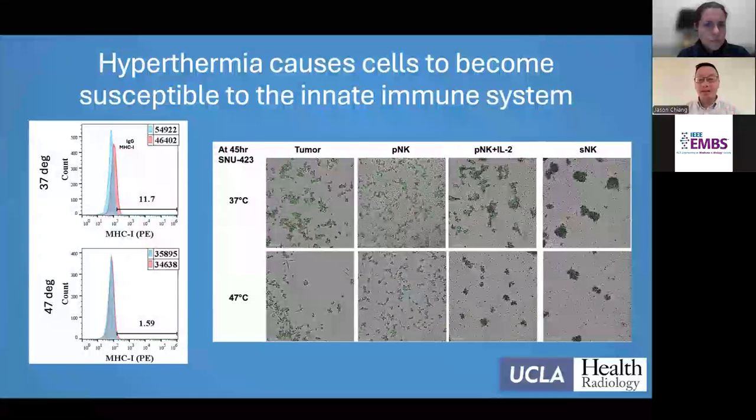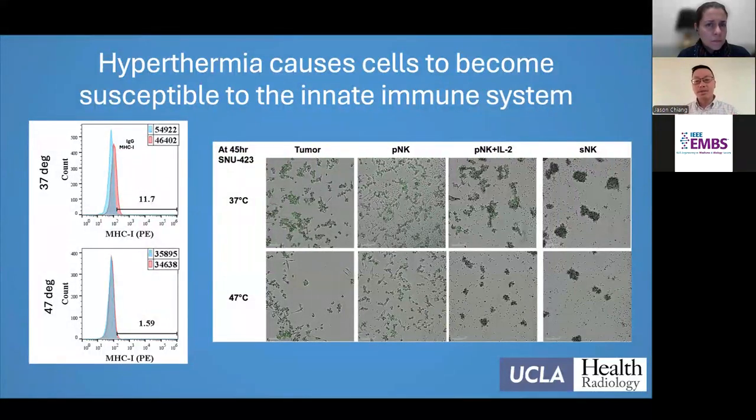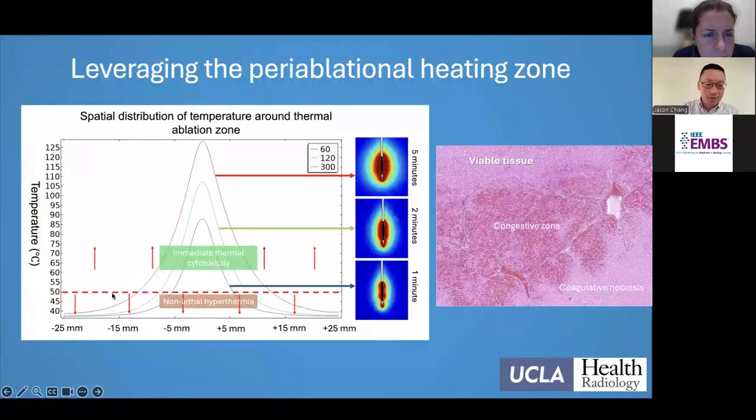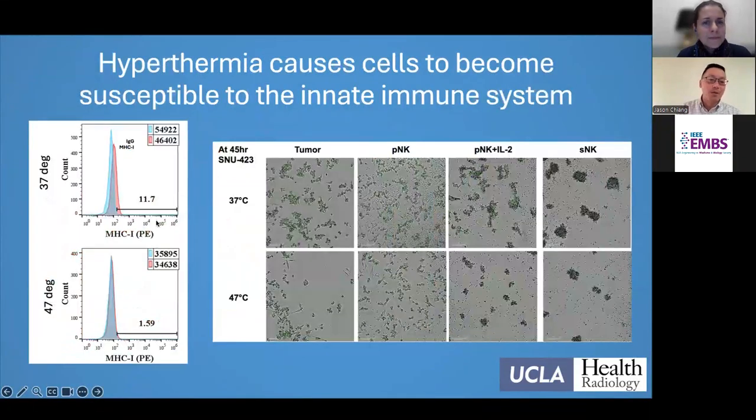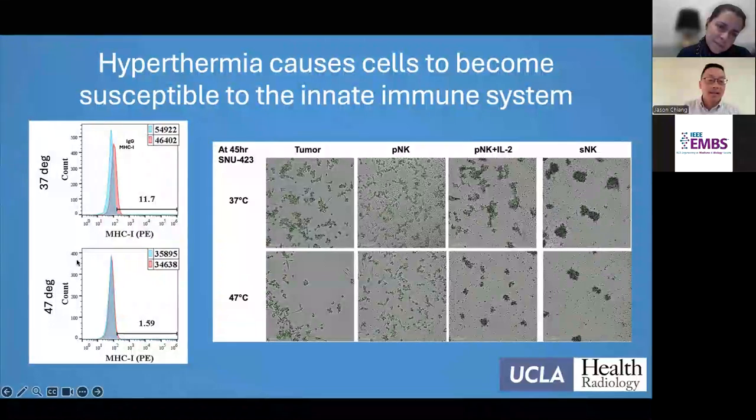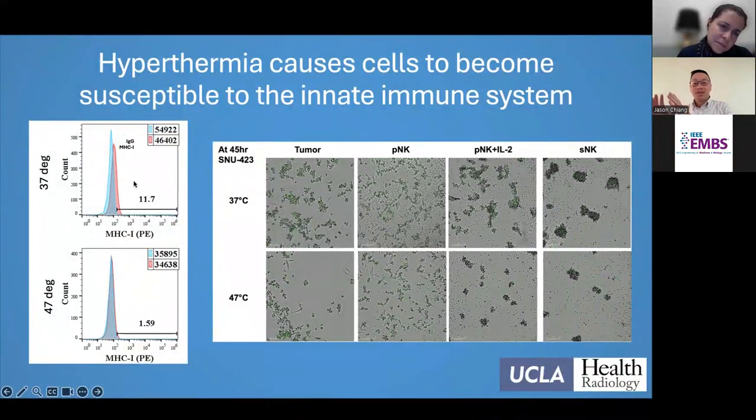Basically, if you have very little MHC1, your natural immune system will be able to pick these cells off with what we call natural killer cell immunotherapy. And so just to show you, in this periablational non-lethal hyperthermia zone, we were able to show that by heating to 47 degrees, you can actually knock off all these MHC1s, and it will allow the immune system to actually pick up these cells.